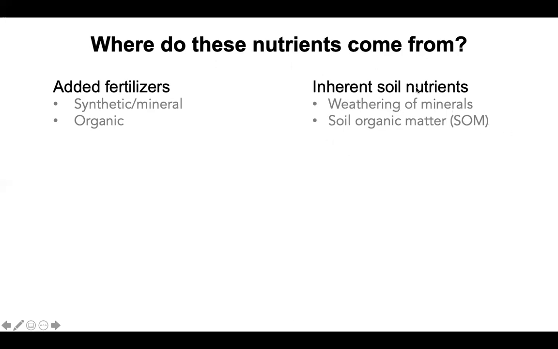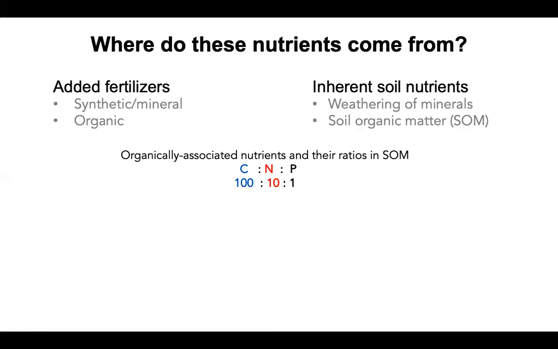There's also the soil organic matter, that inherent, indigenous, native soil organic matter, which is also a source of nutrients for plants. These are in a consistent ratio in that soil organic matter.